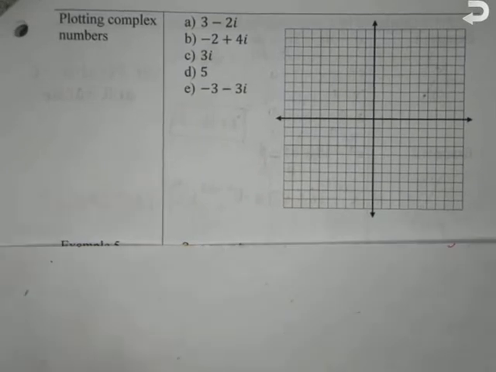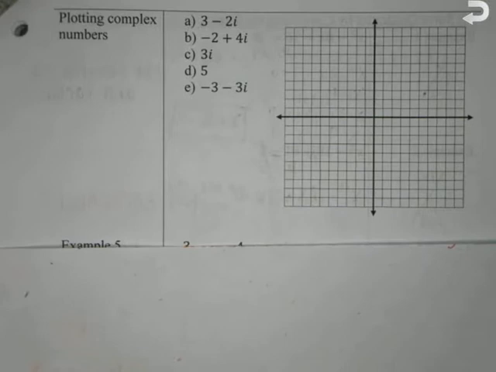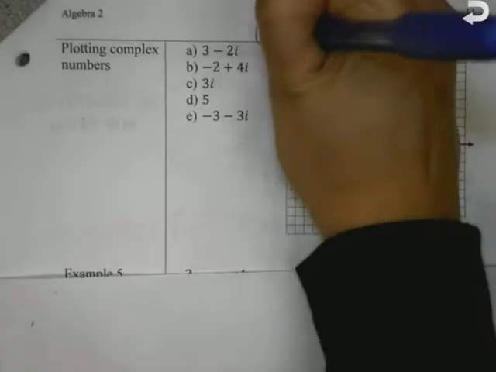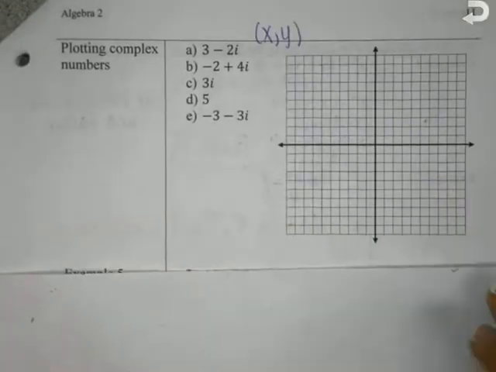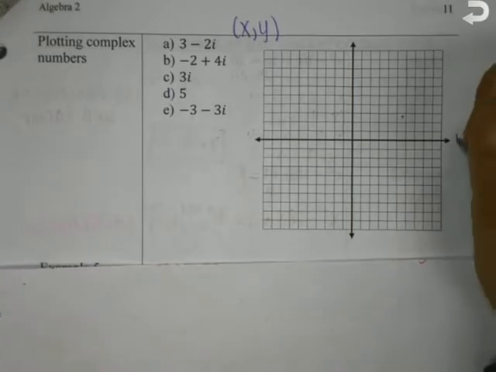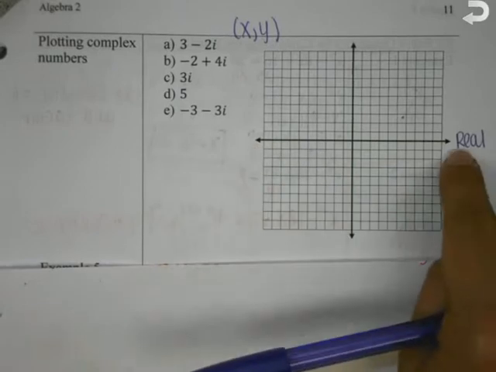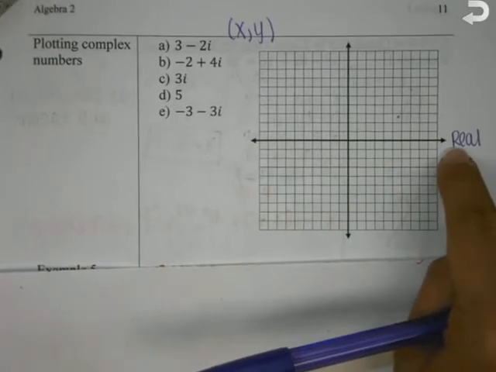The real axis is what used to be the x-axis. So real numbers get graphed along the x-axis, which makes our vertical, or what used to be our y-axis, the imaginary one. Okay, so we have a real and an imaginary axis.